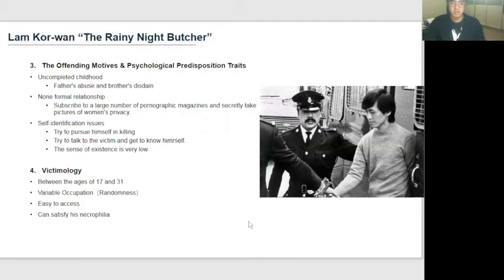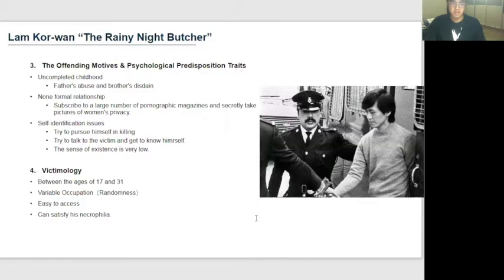And he tried to talk to the victims. It is because he barely had a chance to communicate with friends and others. So I think when he talked to the victims about religions, social events, even the background of the victims, he could get to know himself and share his ideas with others.